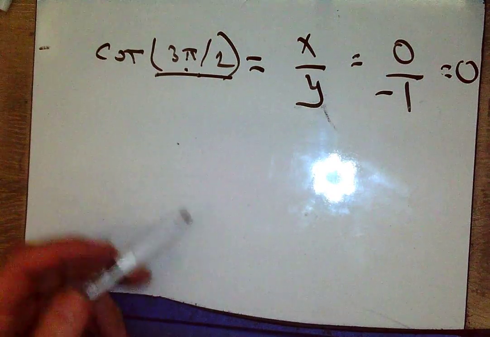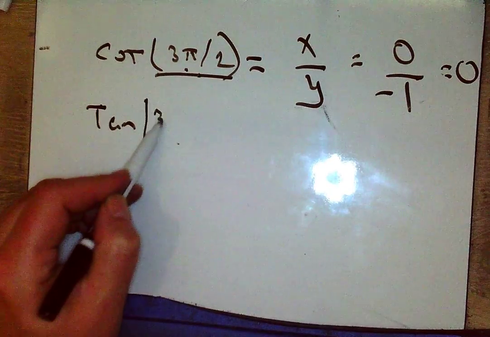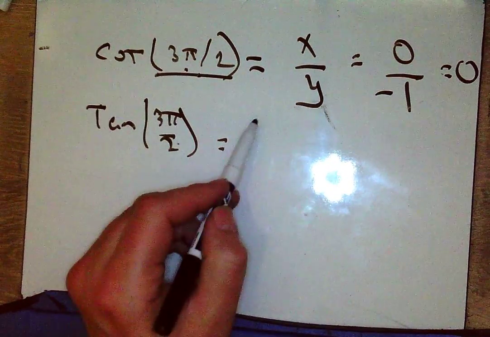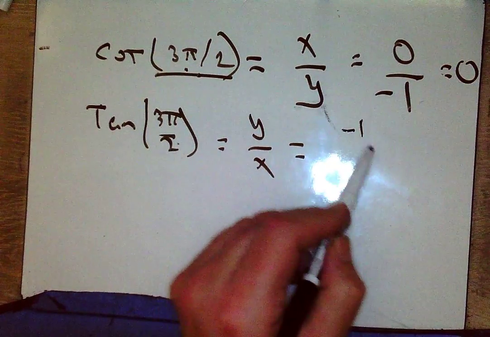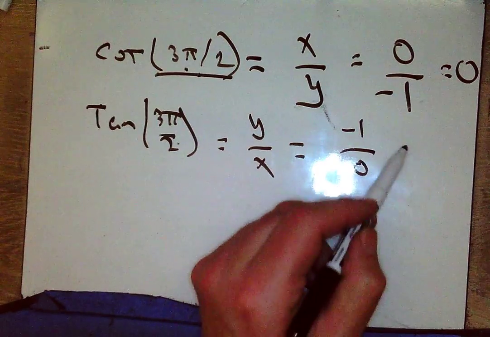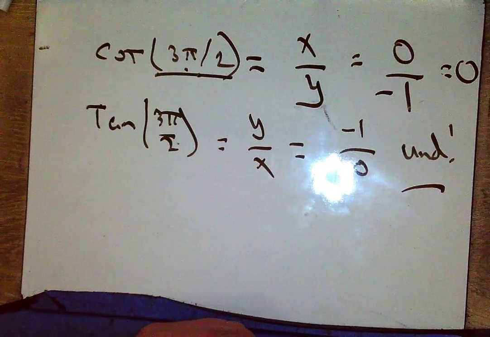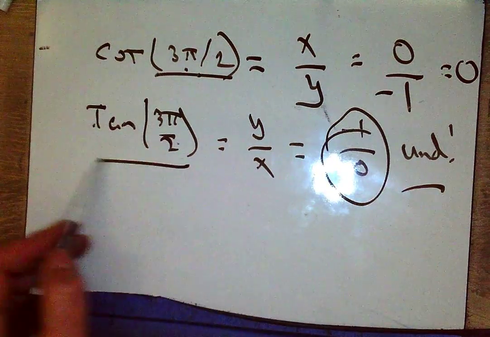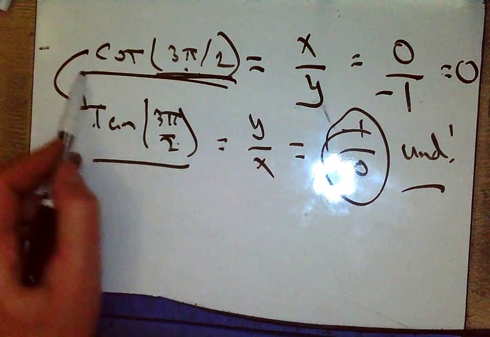You could also say, well, I don't know about cotangent, but I know tangent of 3 pi over 2 is going to be y over x. So the y value is negative 1, the x value is 0. Uh-oh, that's undefined. But wait, I don't want this. Right? I'm really trying to use this to help me find cotangent.